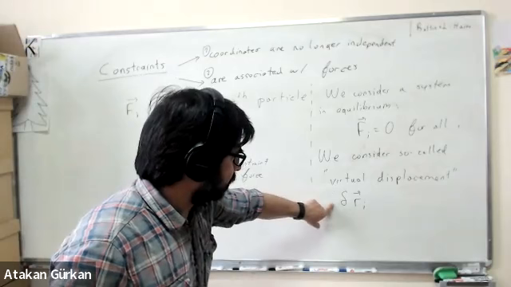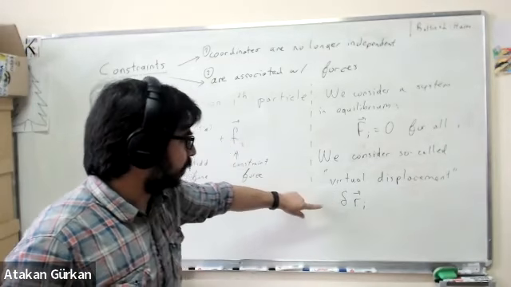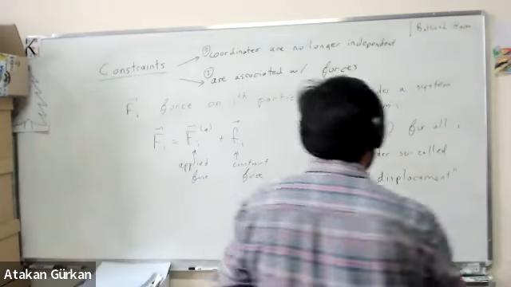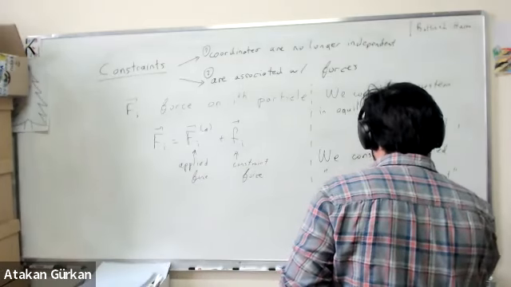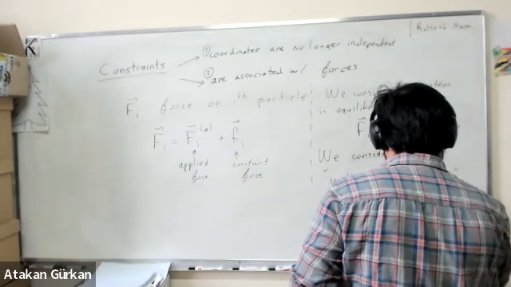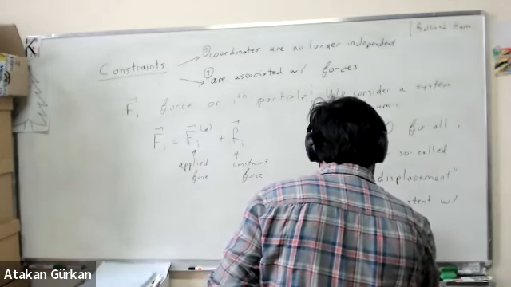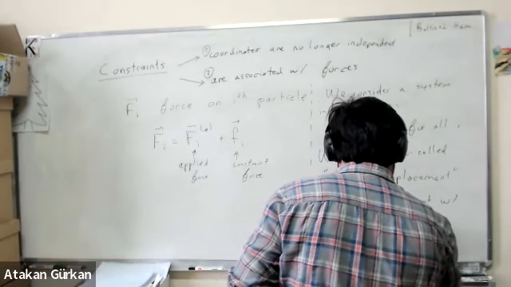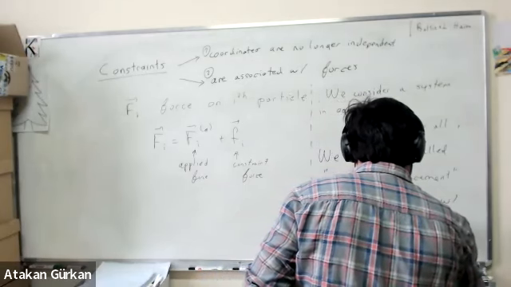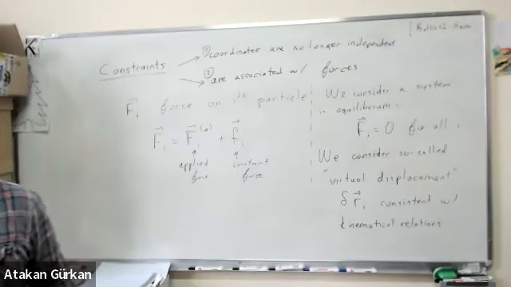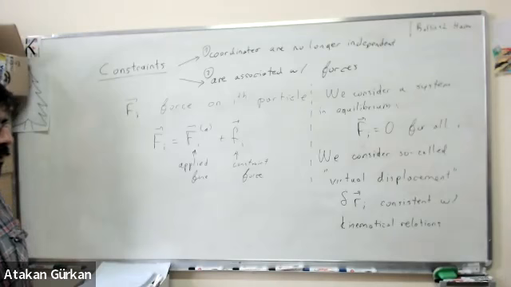Okay? So this is a small change. This is a lowercase Greek delta here. Small change in your original coordinates, consistent with the kinematical relations. Recall that those kinematical relations are what defines our holonomic constraints.